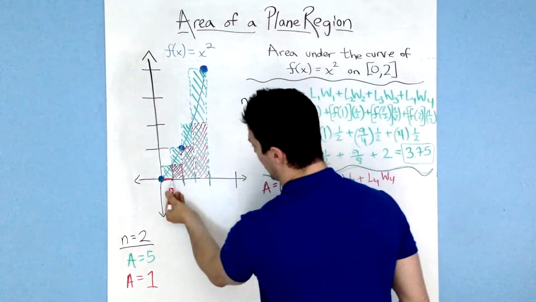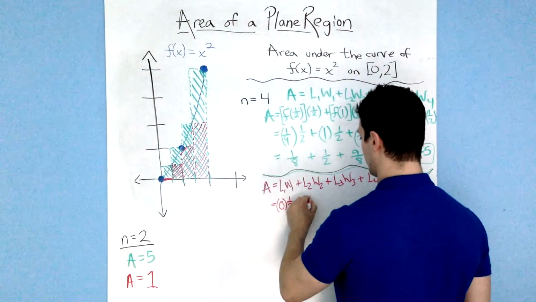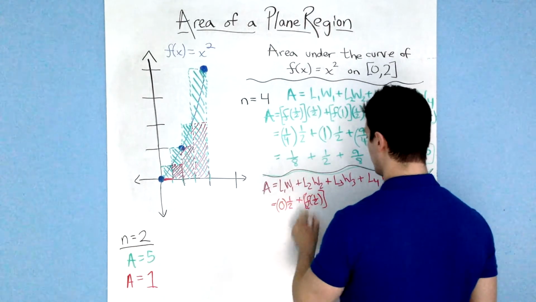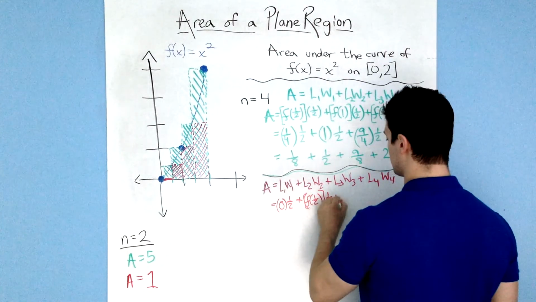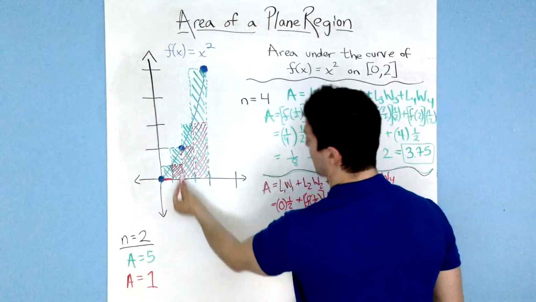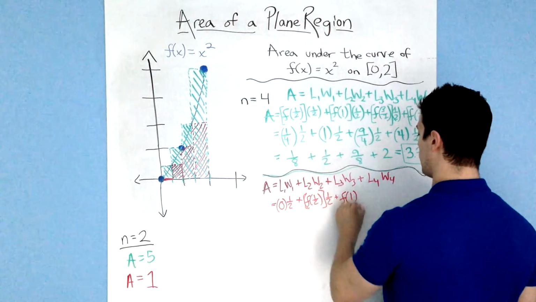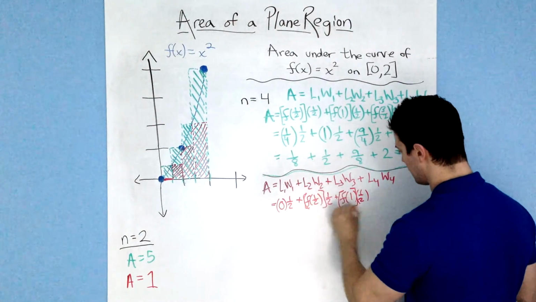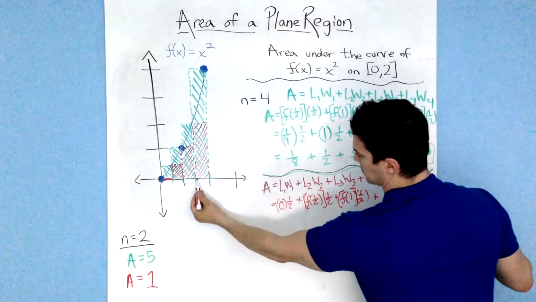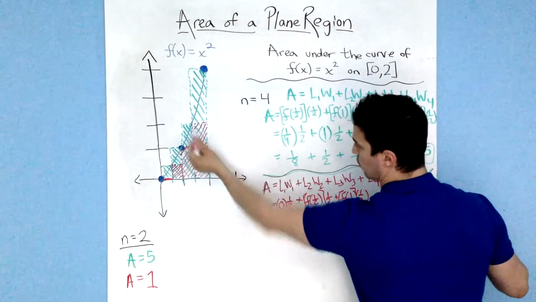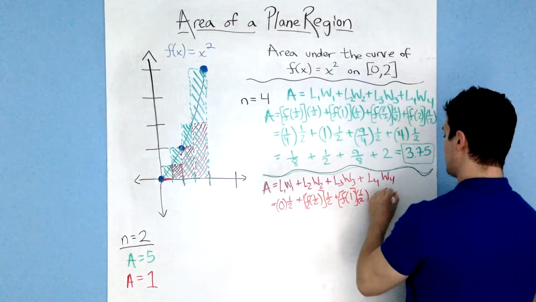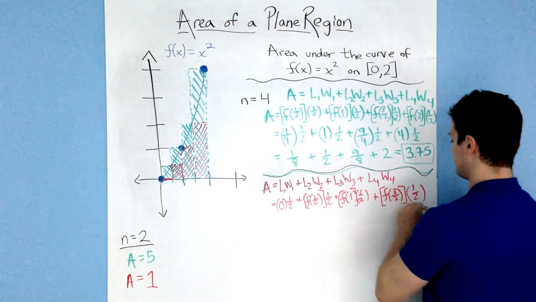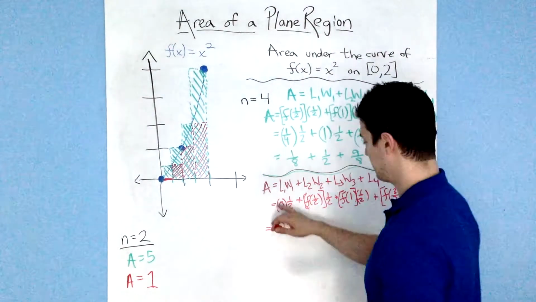The next one, we have the f of 1/2 as the height, so I'm going to write f of 1/2 again, times the width of 1/2, plus the length of this next one is going to be the f of 1, so I'm going to write f of 1 in here, times 1/2, plus the length of this last one, it's the f of 1.5 or f of 3/2 times 1/2. Okay, let's simplify this.